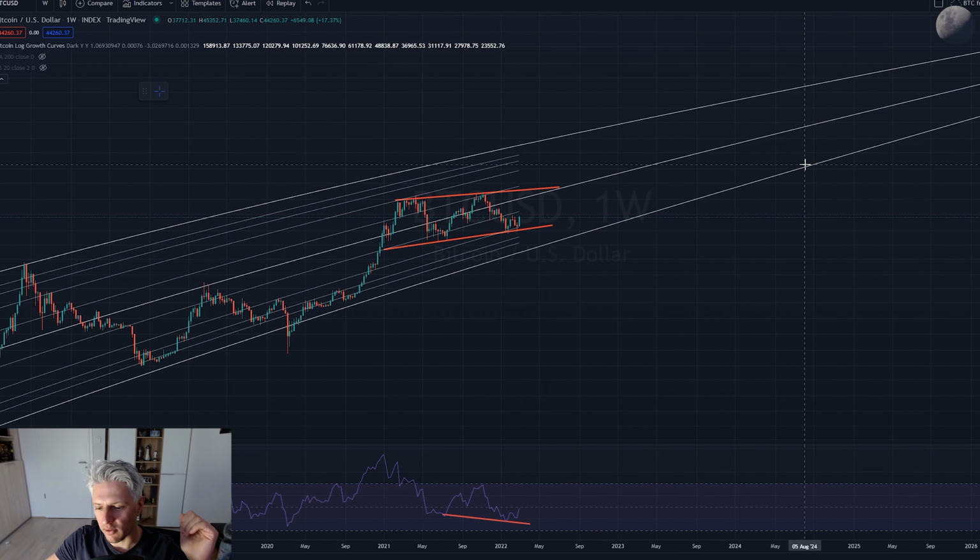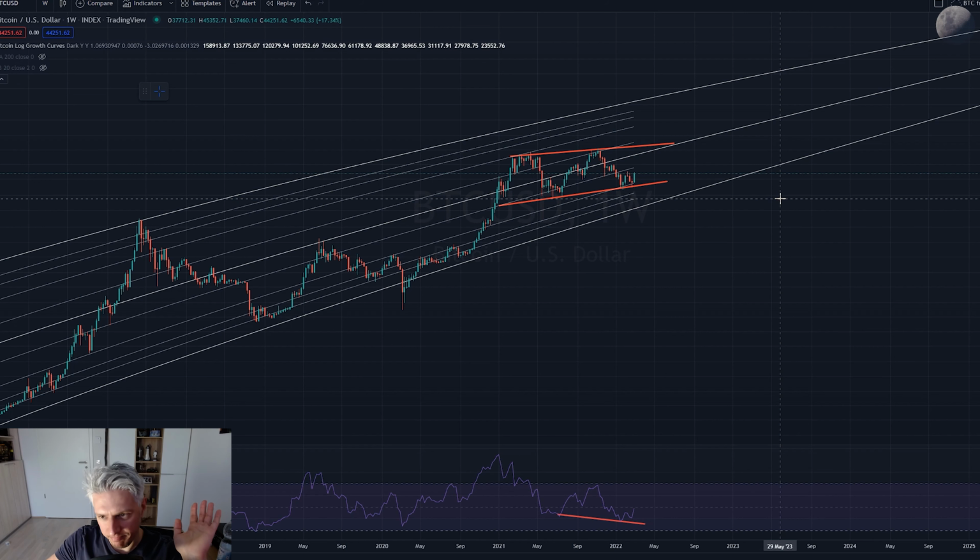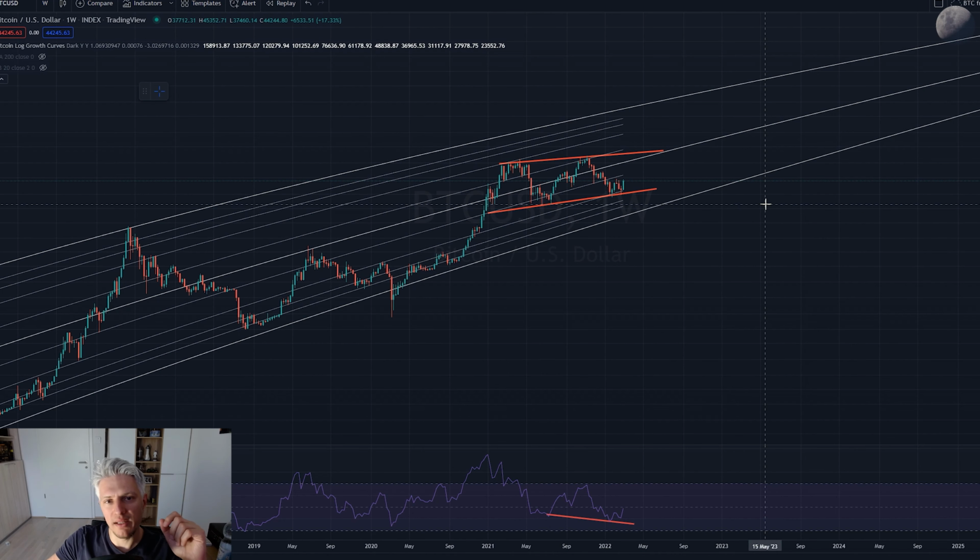Because if we look at, for example, August 2024, the lower bound of this channel will be at about 100,000 in August 2024. So you see, that is a very strong indication that long-term the prices are rising, but I cannot tell you exactly what will happen in the next days or weeks.